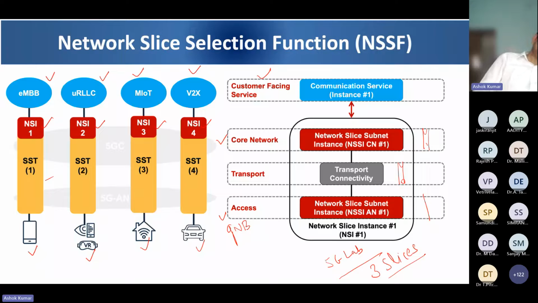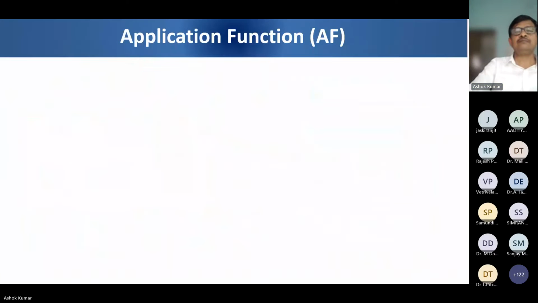That means you have the capability to create 3 slices. Otherwise, in the standard, you can create any number of slices. But your lab is coming with a capability of creating 3 slices. So this is mainly for experimental purposes.